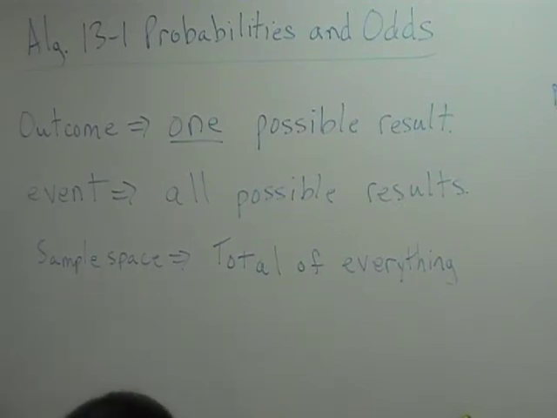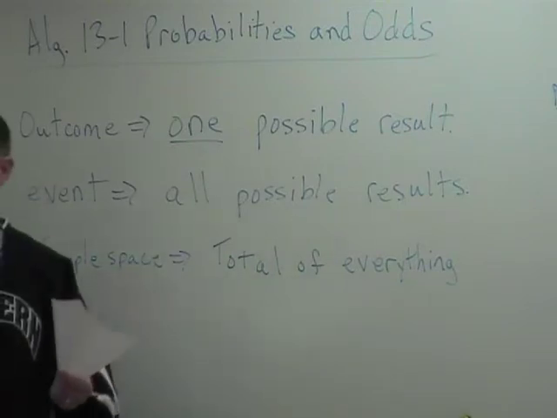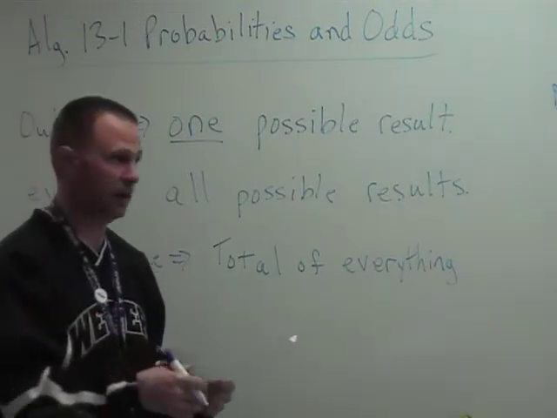All right. So really a probability is the event divided by the sample space. That's what it comes down to, what probability is. And then you actually have your outcomes whenever you do the experiment or do the actual activity.